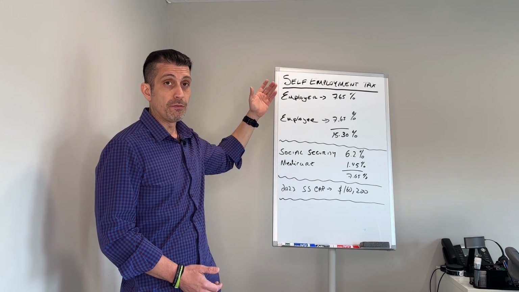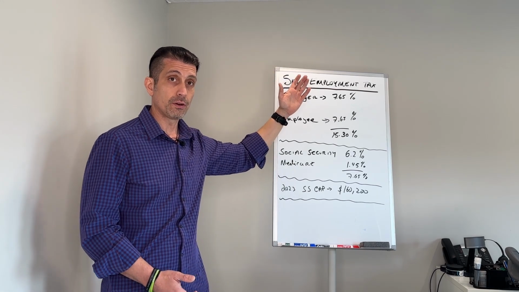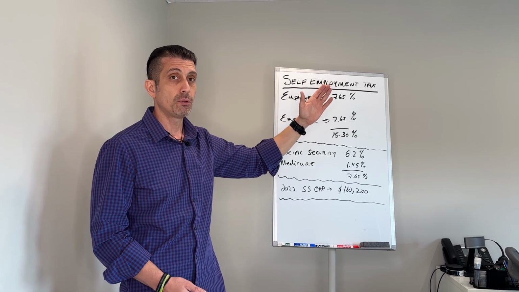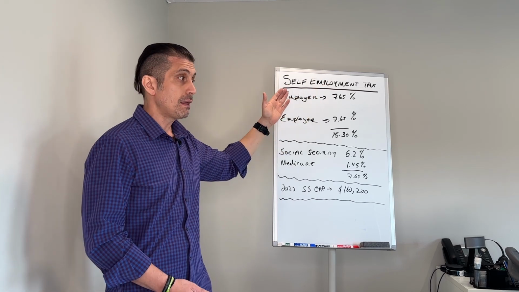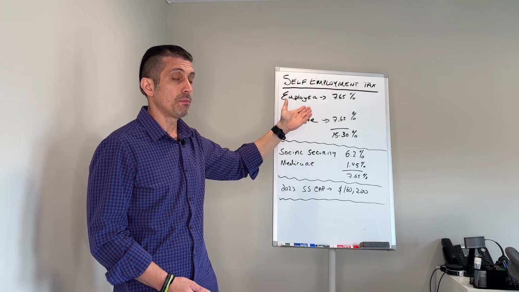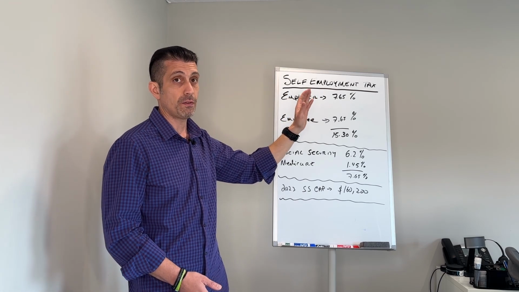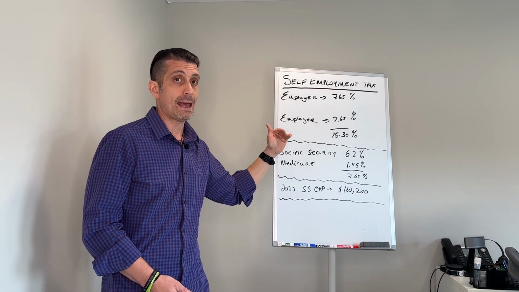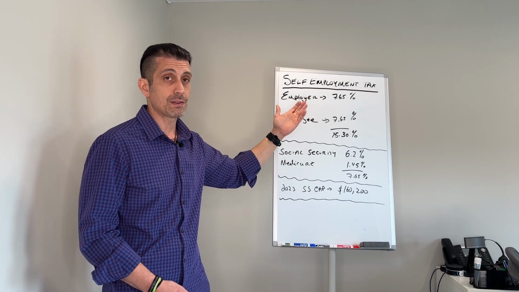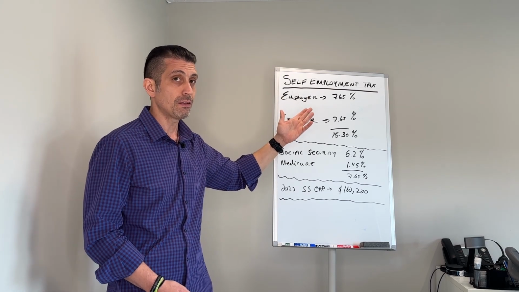Just think about it. If you've made $100,000 in profits as a self-employed entrepreneur, that would basically spell out to be $15,300. That's an oversimplification, because I'm going to jump into some of the mechanics so that you understand how the tax is calculated and what it really is effectively.